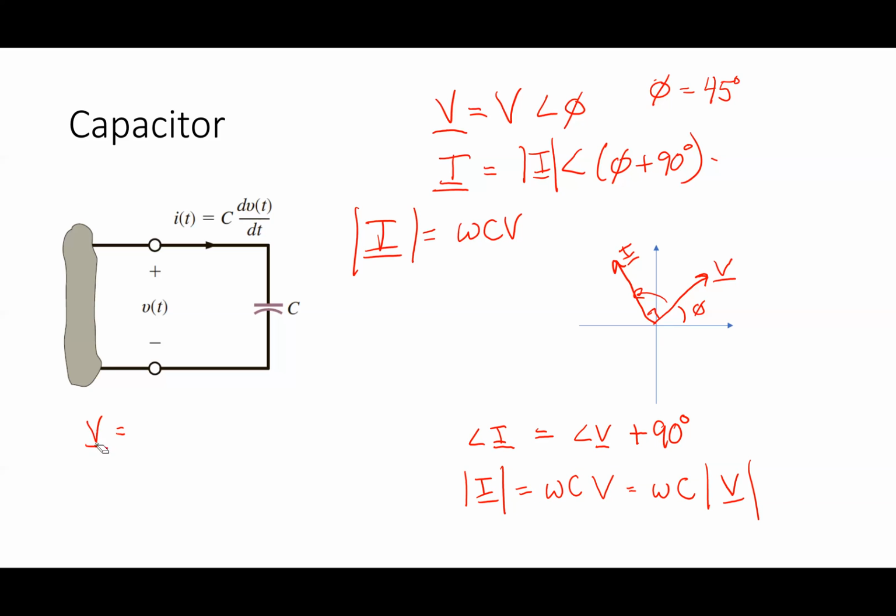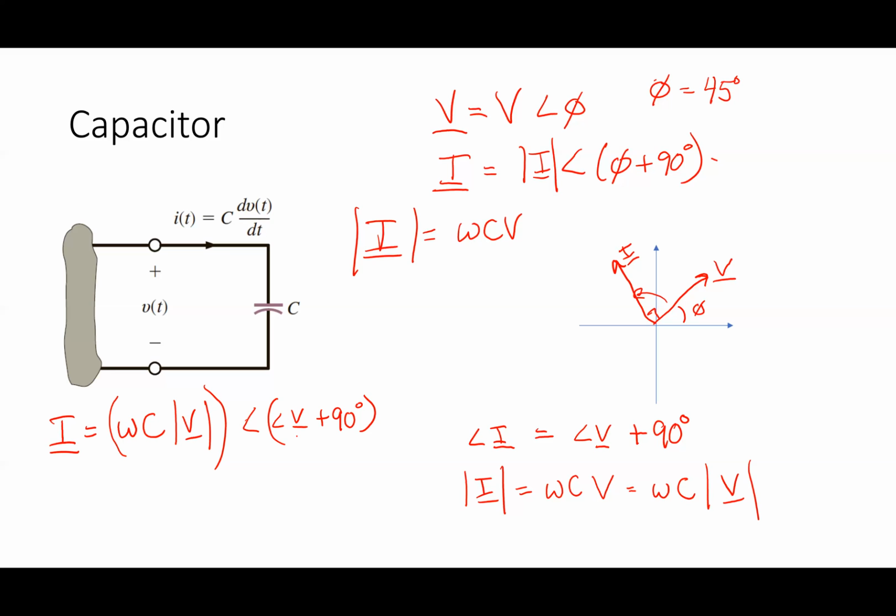So that says I can basically write this as: I is equal to omega C times the magnitude of the voltage. This is the magnitude of it, and the angle of it is the angle of the voltage plus 90 degrees.